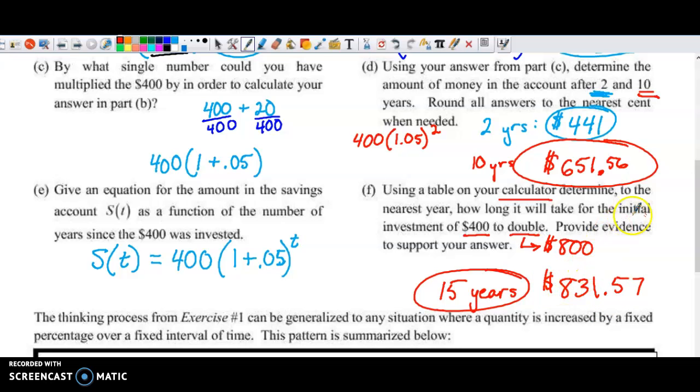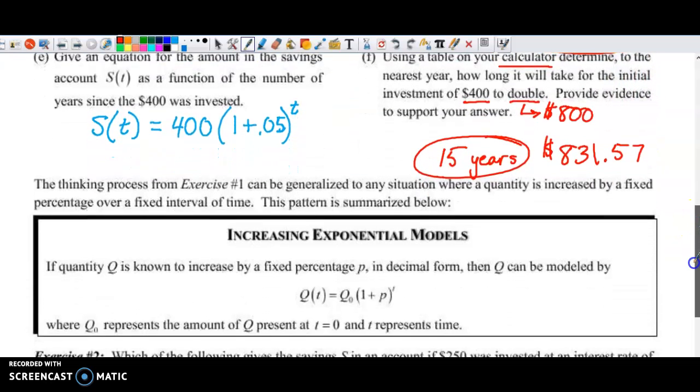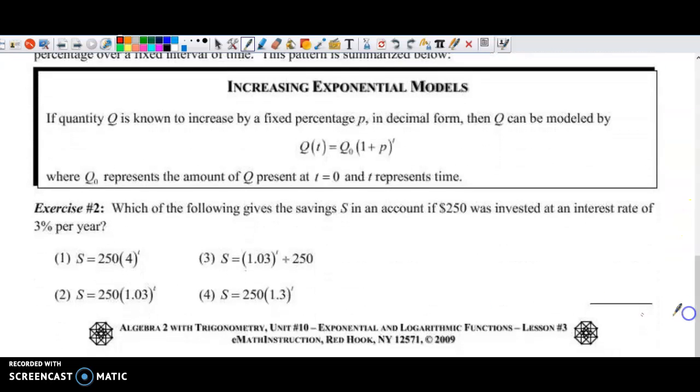So pretty interesting stuff. What we're going to formally do now is actually have an equation for things that increase. Now, not every problem tells you that it's increasing, but you want to look for certain words, whether it's increase, grow, growth, populations could increase in size. But what's important about this is the plus sign in the problem.